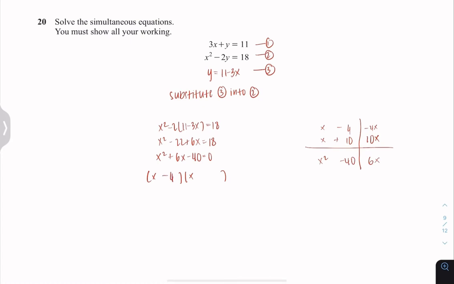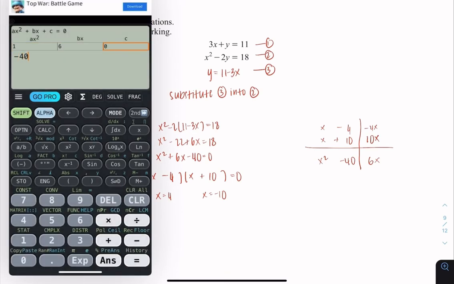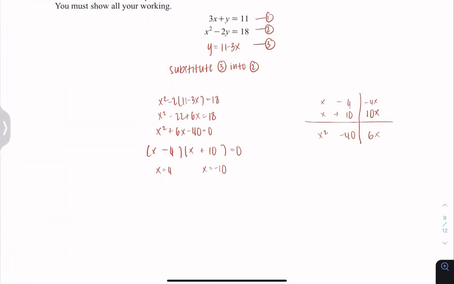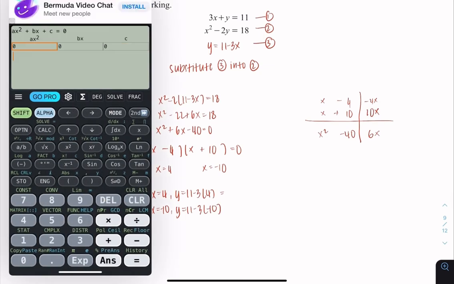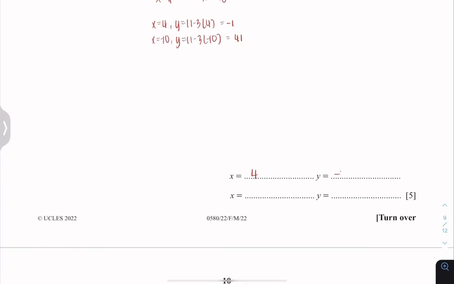So x equals 4 and x equals negative 10 are my answers. Now I'm checking in the calculator to see if my answers are correct. When x is 4, y equals 11 minus 3 multiplied by 4, and when x is negative 10, y equals 11 minus 3 multiplied by negative 10. That would give me negative 1 and 41. Then I'm going to write my answers over here.